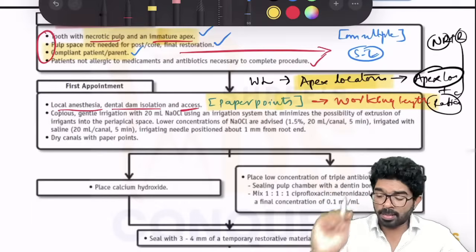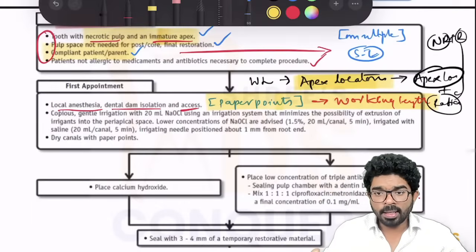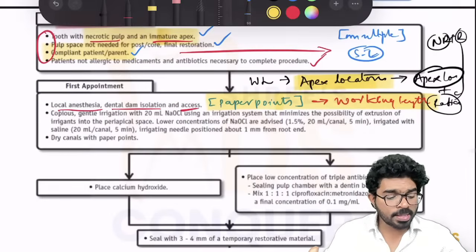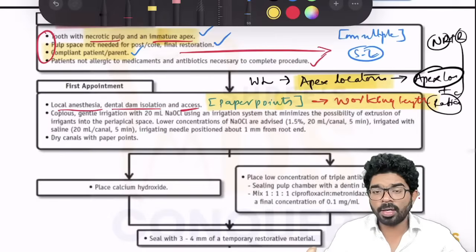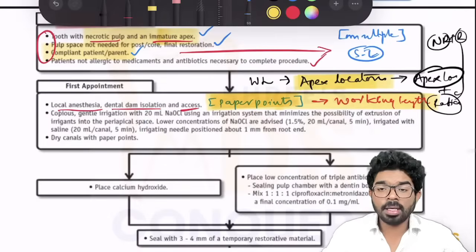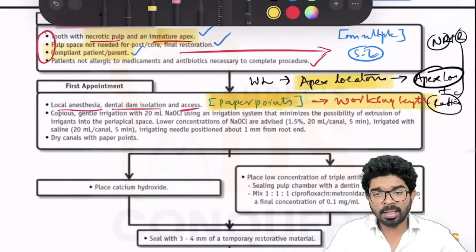One condition is pacemakers. Cardiac pacemaker patients, I'm not going to use apex locators or EPTs. Apart from this, in open apex cases apex locators are not going to work. That is the reason why in open apex cases I'm going to use paper points. The method of determining working length in open apex cases is paper points.